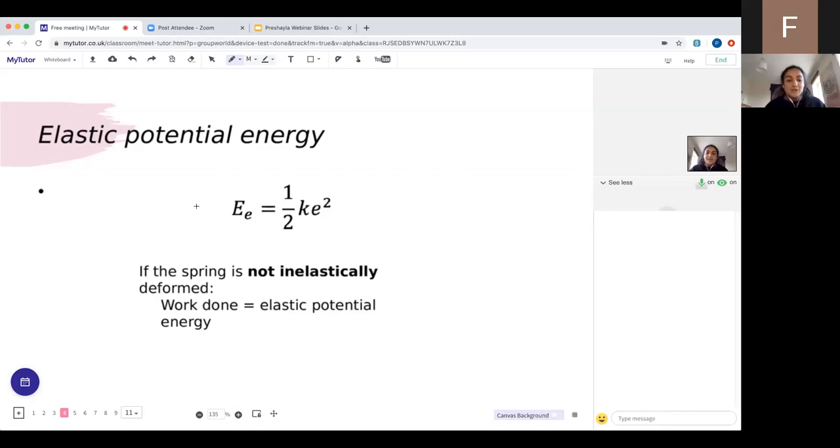Now, elastic potential energy can be found when we have anything that is stretched and is held there. Okay, so anything that is stretched and is held there. So a spring just lying on a table does not have elastic potential energy. Only when we stretch a spring and hold it there is elastic potential energy being stored.